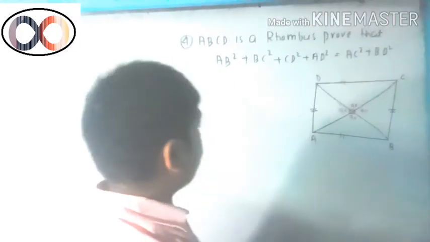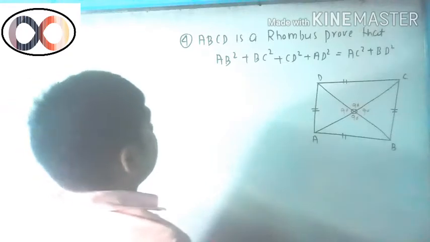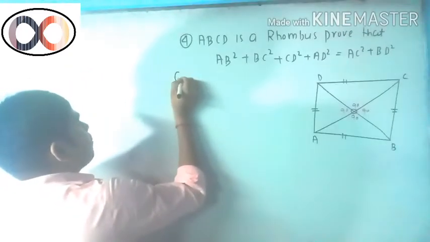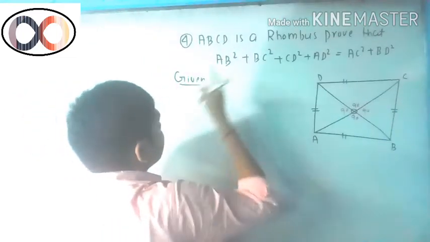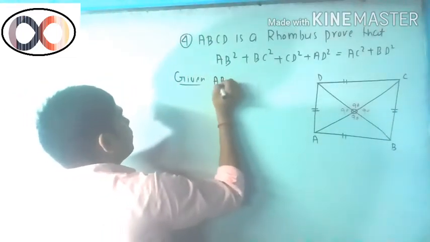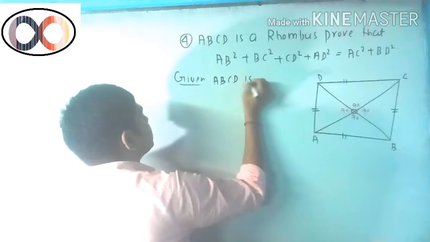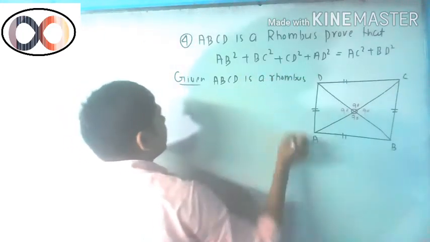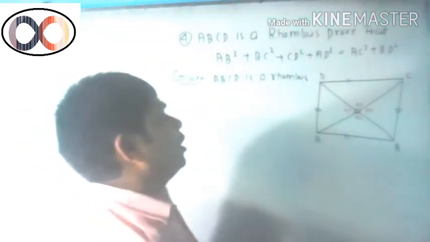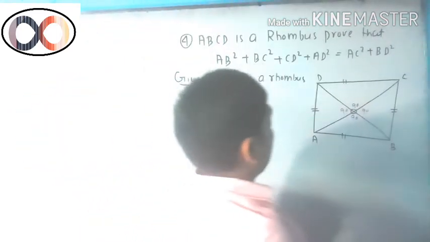First of all, we write what is given in the question. ABCD is a rhombus, and we can apply the property of the rhombus. Rhombus means all sides are equal and diagonals bisect each other at a right angle. Understood now?